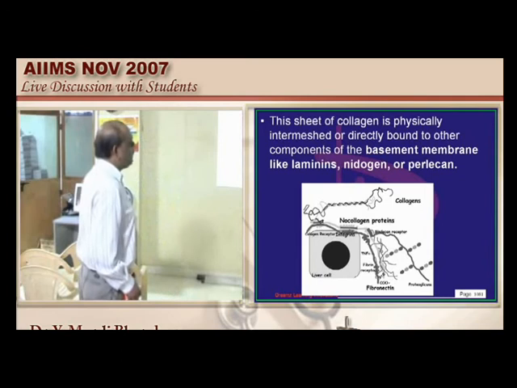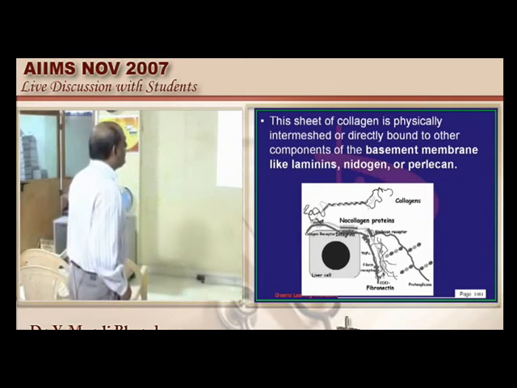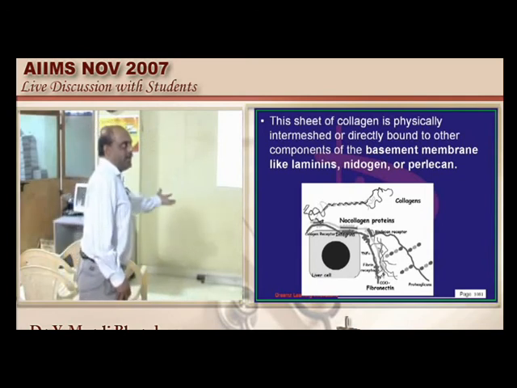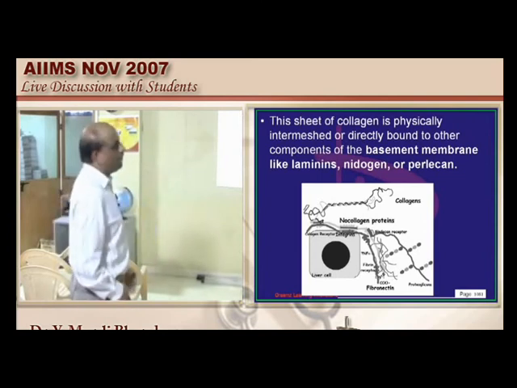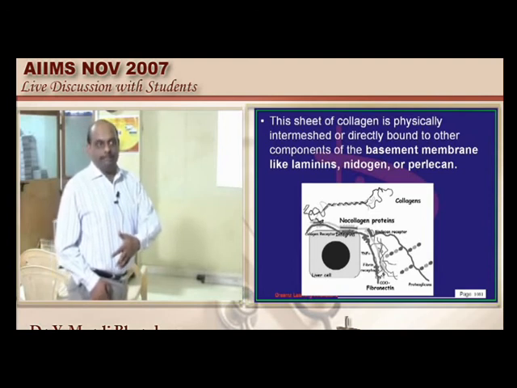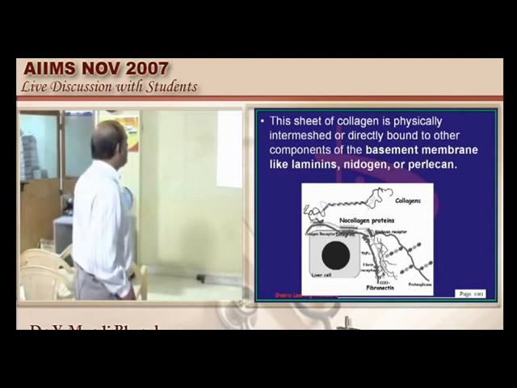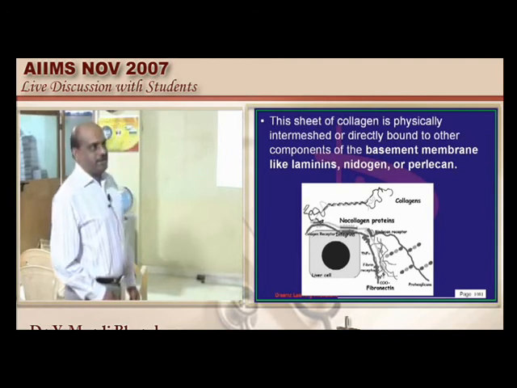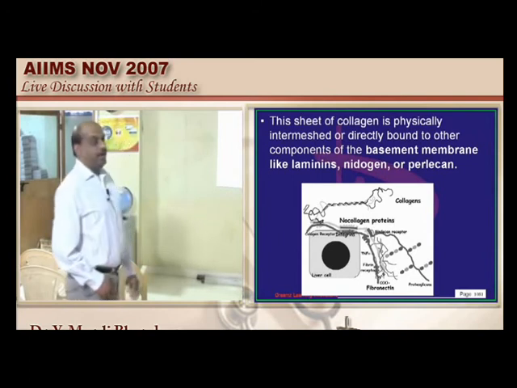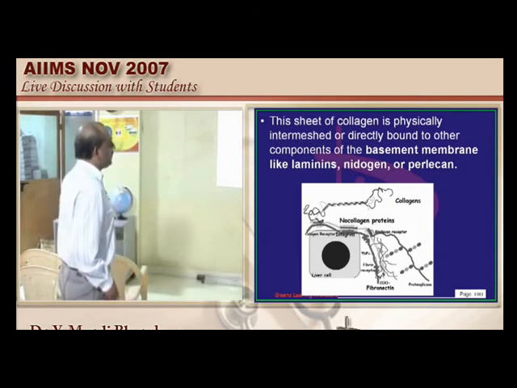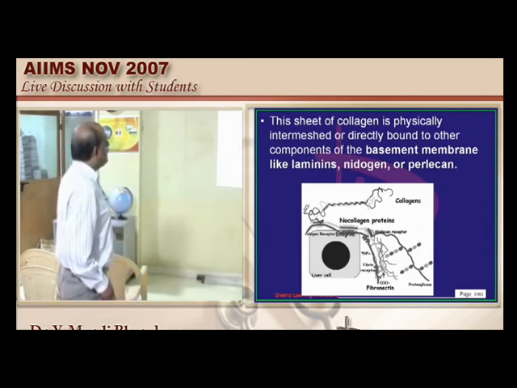That's the reason nidogen 1 or entactin is basically that bridge between the extracellular matrix molecules and the laminin 1 and the type 4 collagen which is there on the basement membrane. So that is the whole purpose. That's the reason, doctor, laminin, nidogen, entactin, they are all the components of the basement membrane but not the rhodopsin in this given case. Nidogen has got another name also. It is also called perlecan in addition to entactin. I think we are talking Greek.